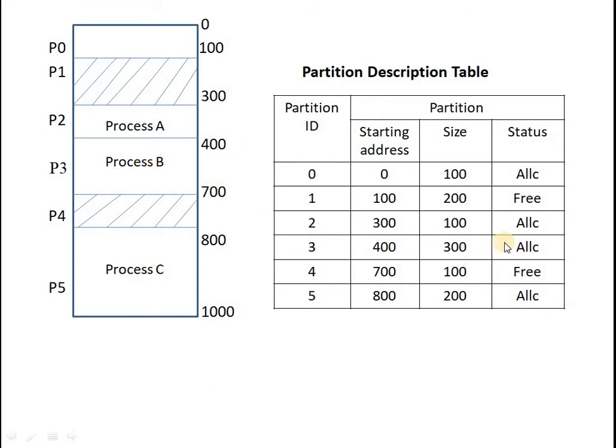So the total size is 300 and the status is allocated. Next, P4: its ID is 4, starting address is 700 and ending is 800. So it requires 100 MB and its status is free. And last, P5: its ID is 5, its starting address is 800 and it ends at 1000. So it requires a total of 200 MB and its status is allocated.